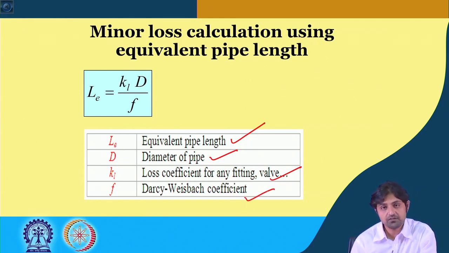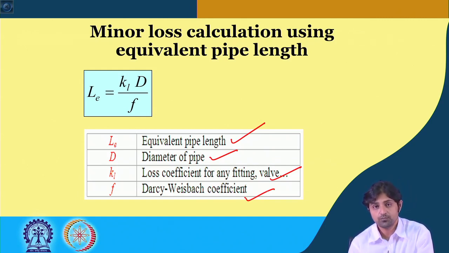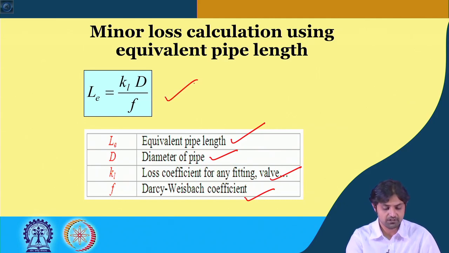For example, there are several pipes connected in series or parallel or a combination of those, and somebody asks you to calculate the equivalent pipe length. If there was one single pipe with equivalent pipe diameter, what would be the effective pipe length? So you can use this formula.